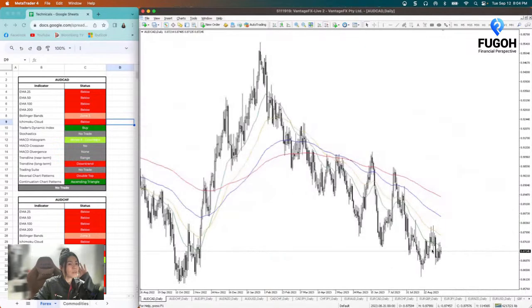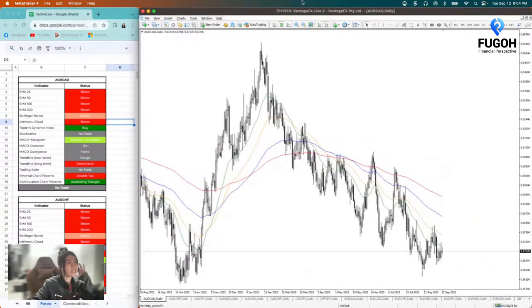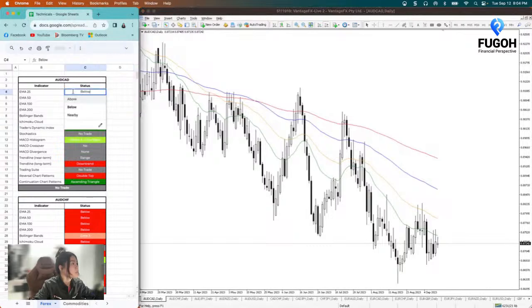All right. So all of the prices are near or below the moving averages. So below, except for a moving average 25, the price is near but below. So everything is below, but this one, let's put it in a nearby.